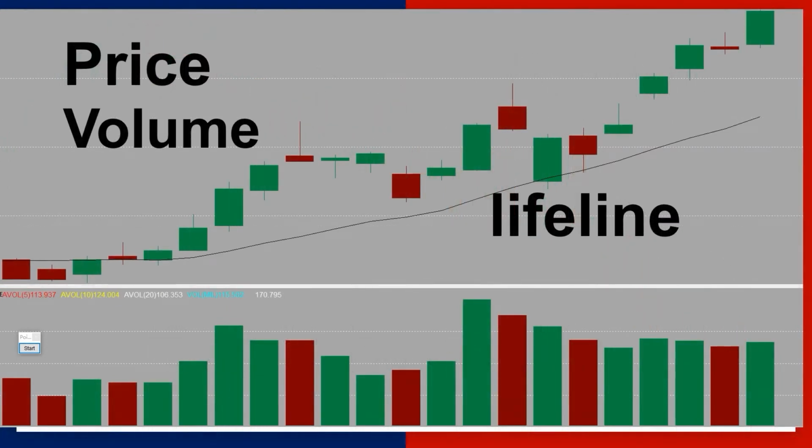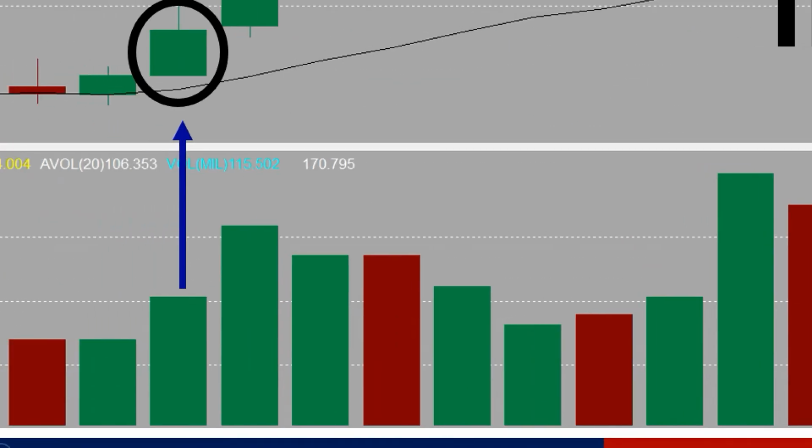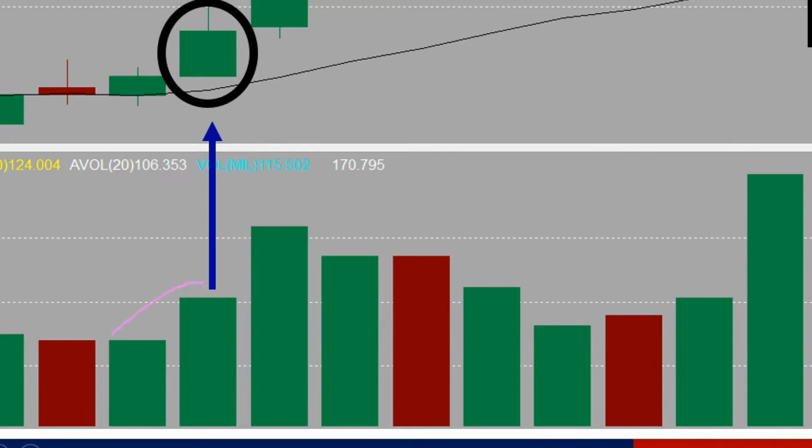Now we combine the lifeline and the price movement with volume. You see here, the volume is nearly 1 times bigger than the previous days, and this is a middle bullish candlestick standing above the lifeline.